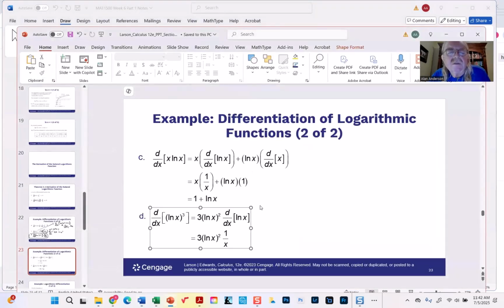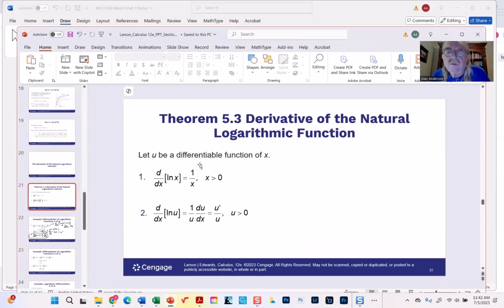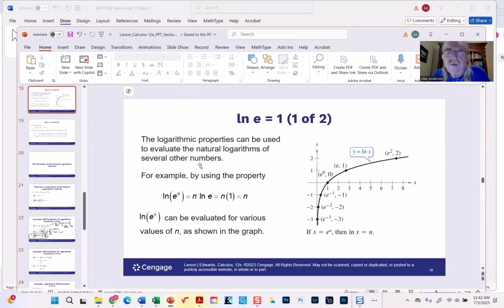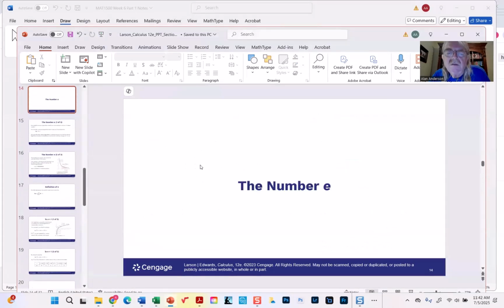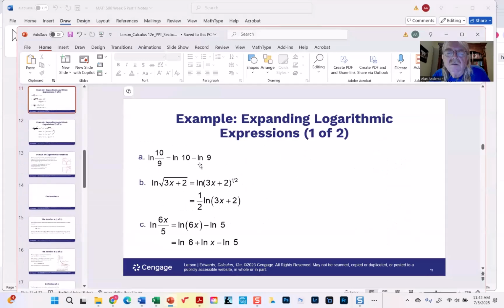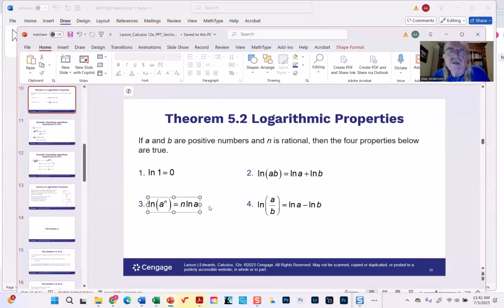Now, ooh, look at this one. Now here they're relying on one of these rules that we saw earlier. This one right here.